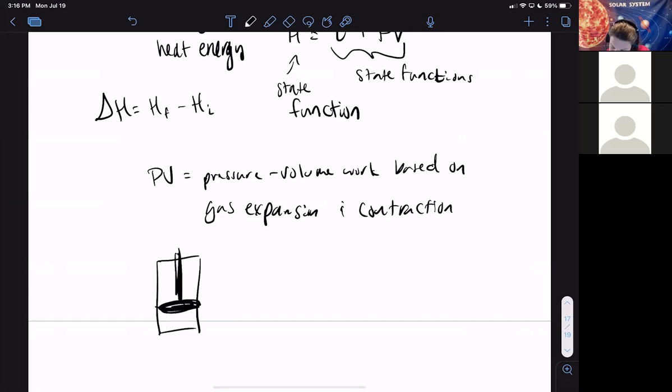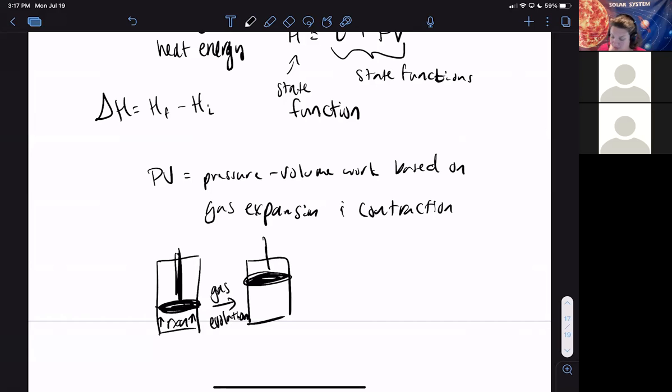sorry, I'm a horrible drawer. So if we have a reaction in a piston, it produces a gas. That gas is going to cause an expansion, and that pressure, the volume of that gas, is going to push on that piston and cause that piston to go up, right? So we have a gas evolution. And because that piston got pushed by that gas, work was done by the reaction.